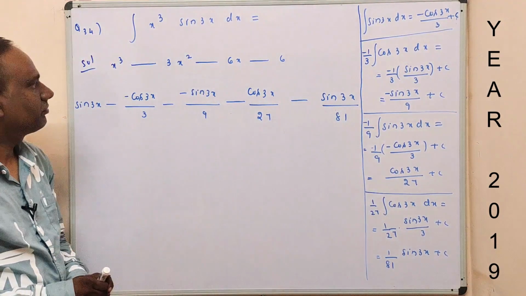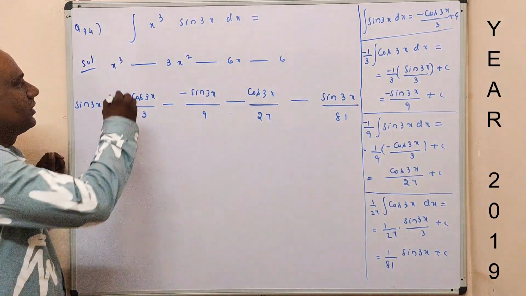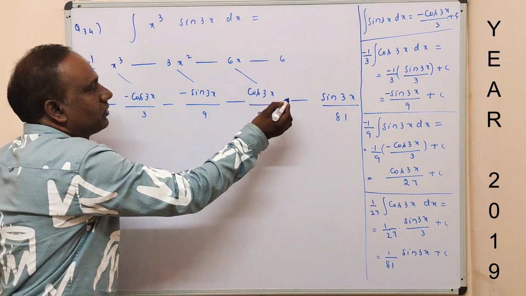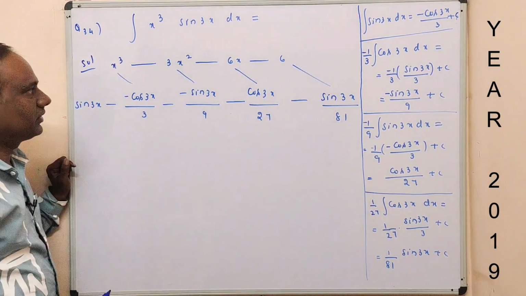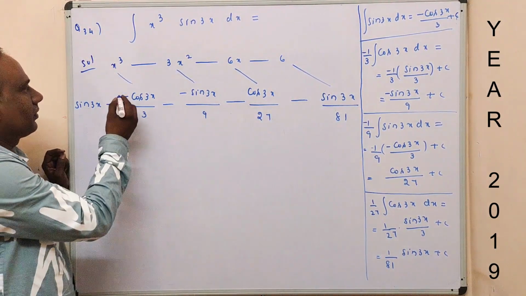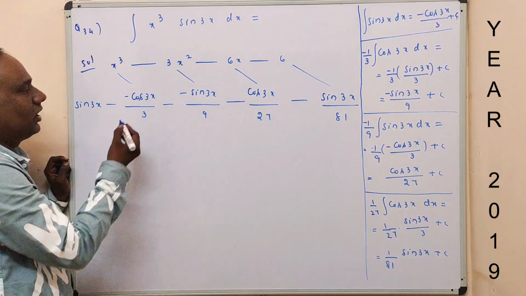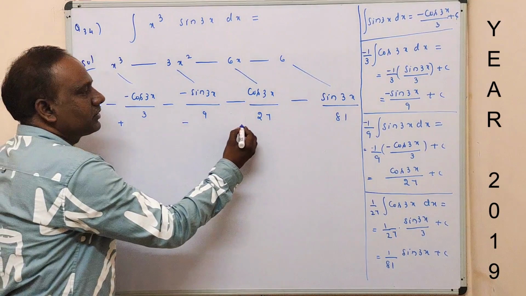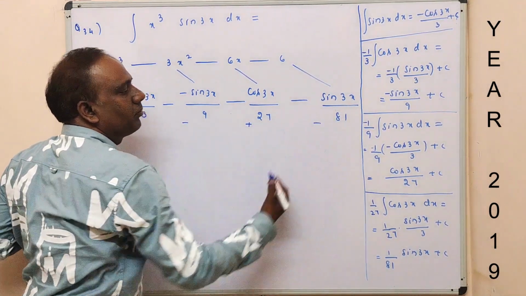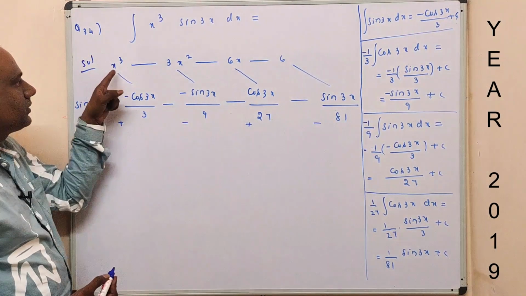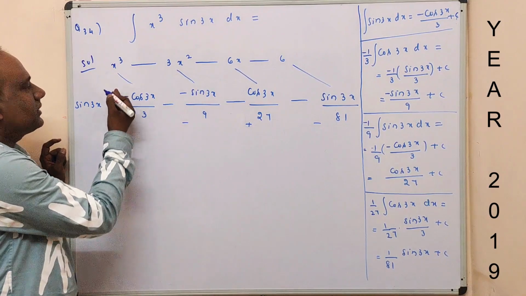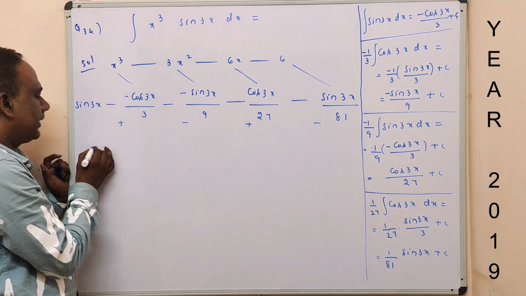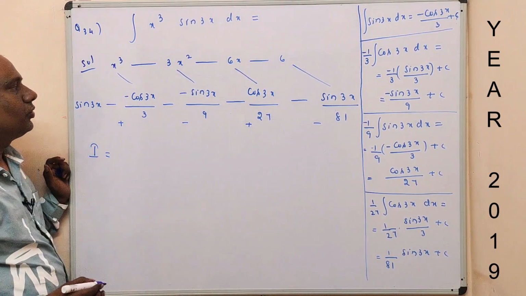So now directly you can join them like this. That means x cube, here minus is there now, and one more point, it is plus, minus, plus, minus, like that. So this value, I is equal to, I am writing the answer directly.